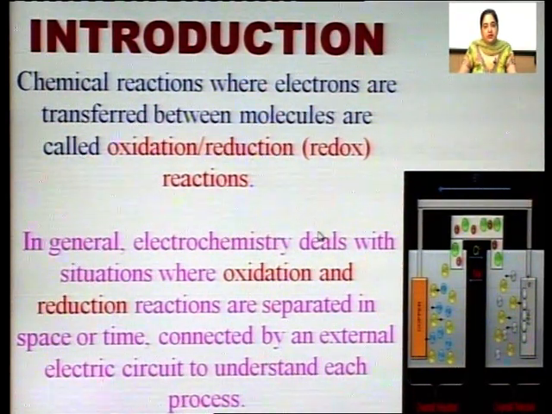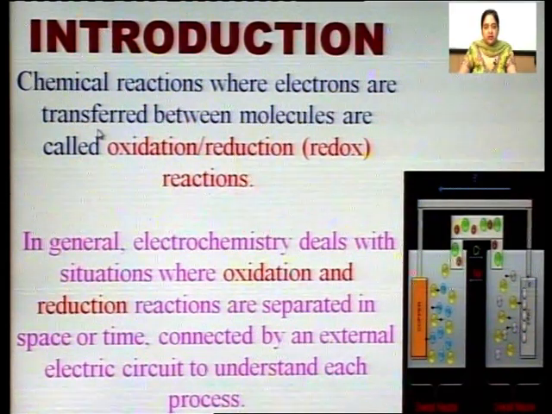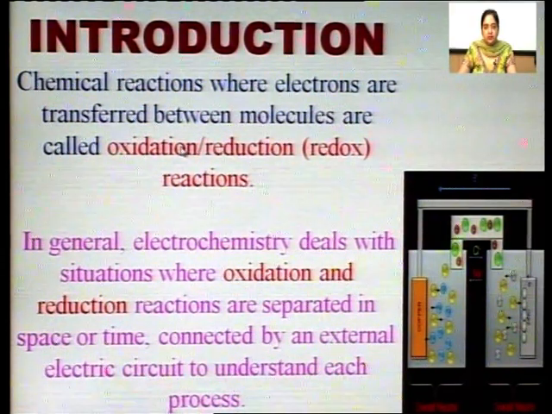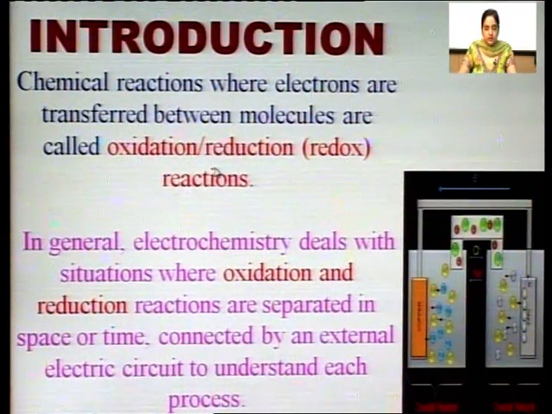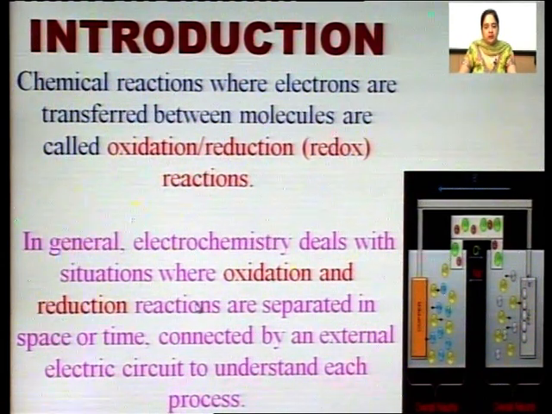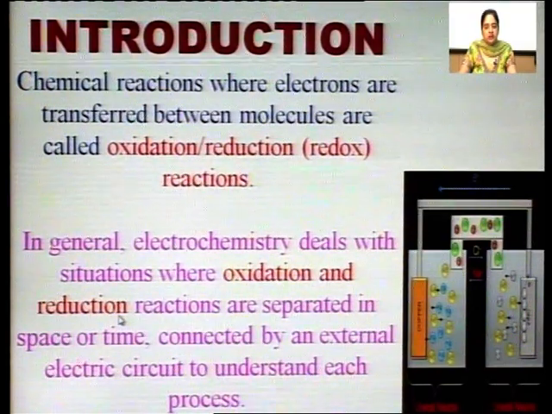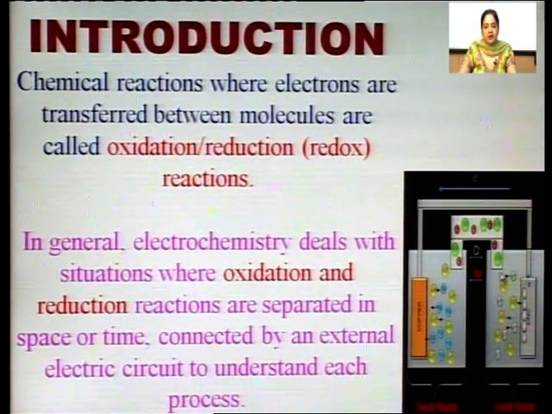Chemical reactions where electrons are transferred between molecules are called oxidation reduction reactions or redox reactions. Electrochemistry deals with the situation where oxidation and reduction reactions are separated in space or time, connected by an external electric circuit to understand each process.